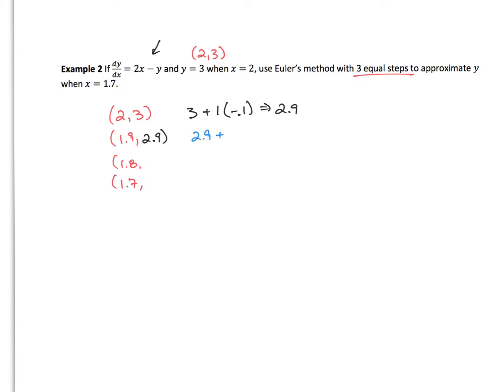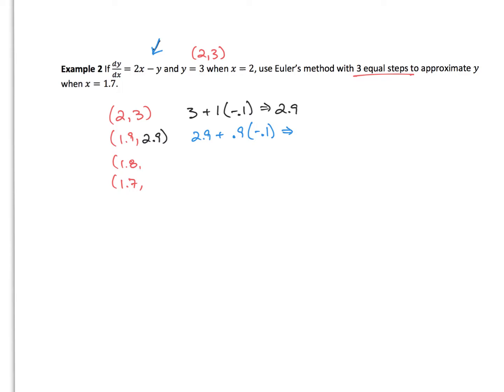So now I have 2.9 plus, now I need a new slope. So I'm going to substitute in 1.9 and 2.9 in there. So I end up with, what's 2 times 1.9? 3.8 minus 2.9 is 0.9 times negative 0.1. So now what's 0.9 times negative 0.1?